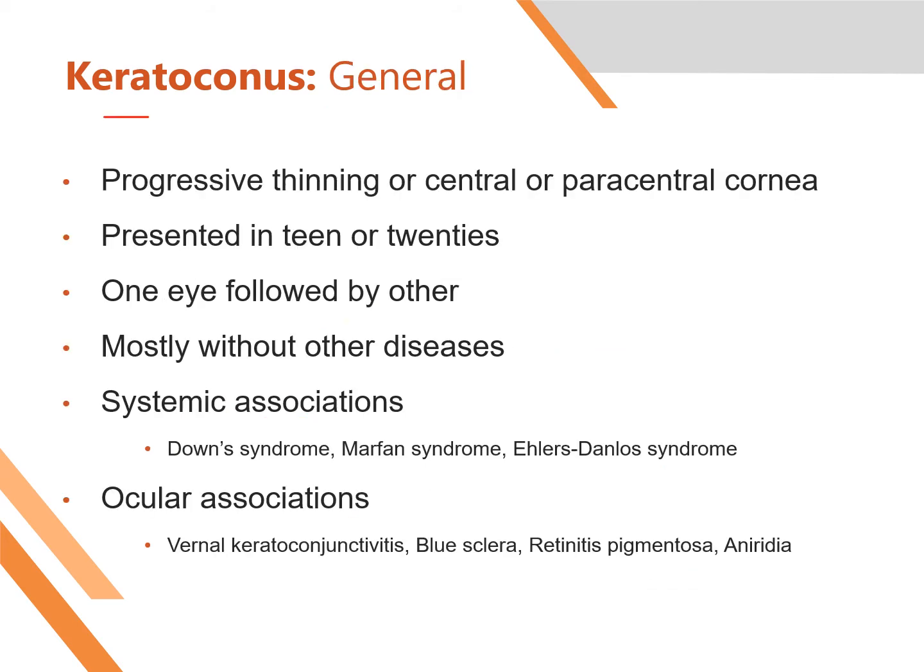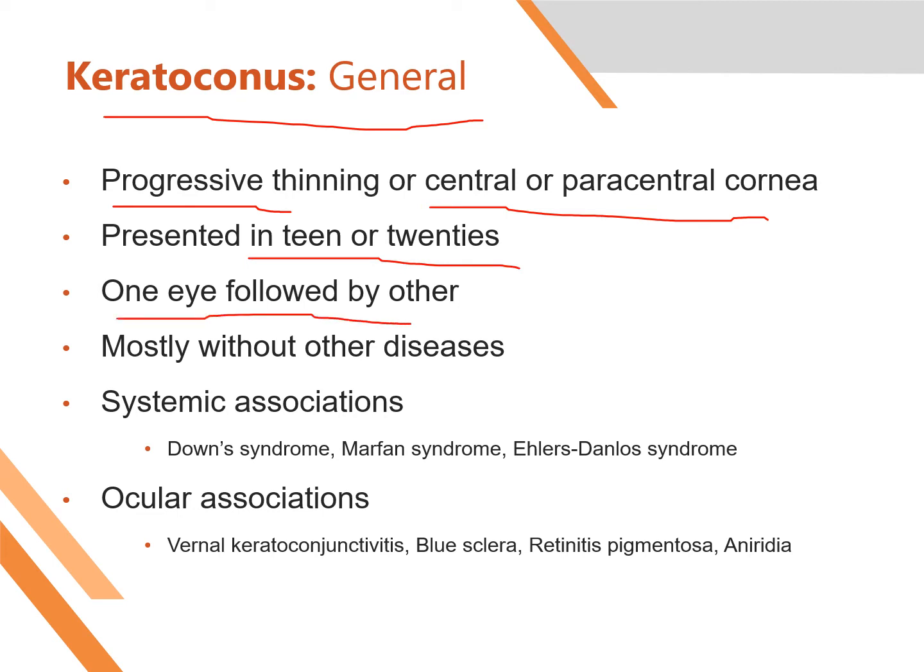And now the general features of keratoconus. It's a progressive disease, which means the ectasia keeps progressing if you don't halt it. It may be either the central or paracentral part of the cornea which is involved. Usually the patient presents in teens or 20s. It's a bilateral condition, but one eye is followed by the other.